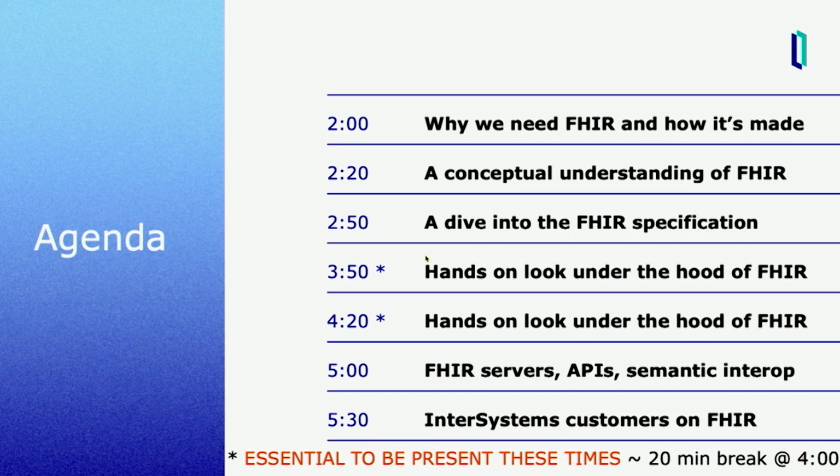The purpose is really to sort of internalize what FHIR is as a data model and how data in FHIR looks very different from what we're accustomed to in documents and relational databases and so forth.